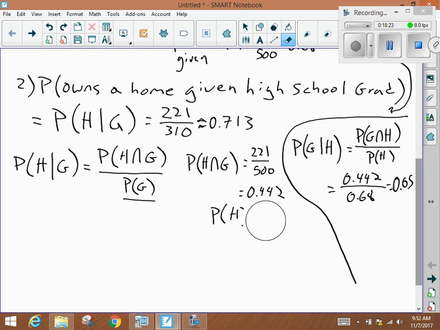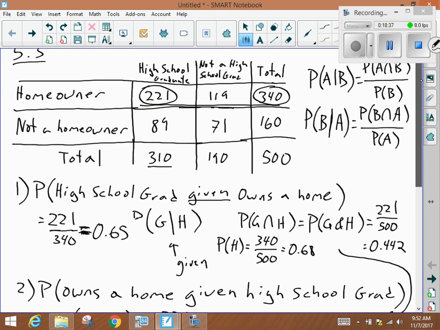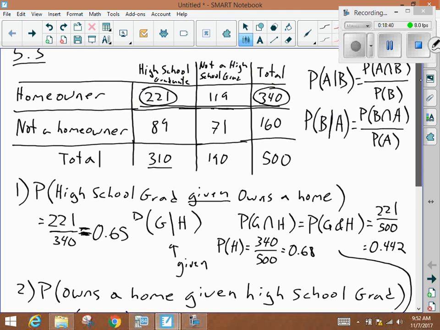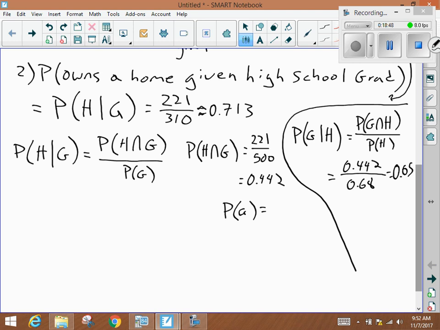I'm trying to calculate probability G. So probability of a high school graduate is going to be 310 out of 500, right? So here's our proportion. I'm going to calculate that using my handy dandy calculator, which is exactly 0.62.